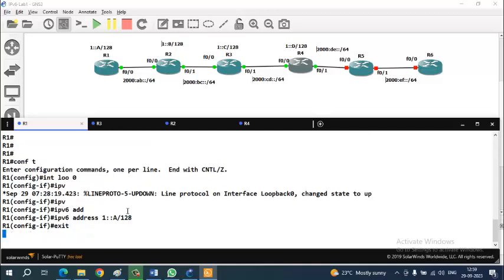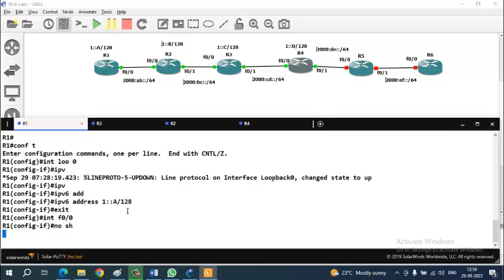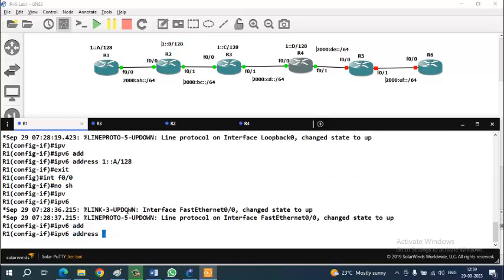Interface F0/0, IPv6 address 2000:AB::1 slash 64.